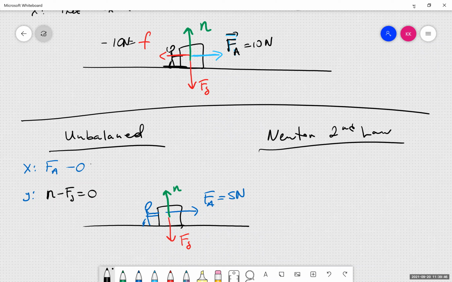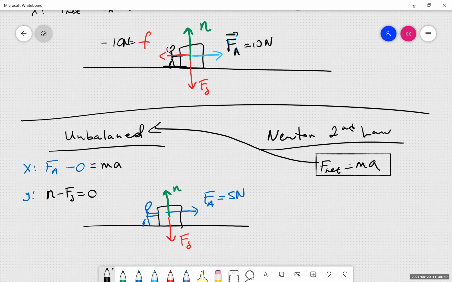Then what is this equal to? According to the second law, F net equals mass times acceleration if you have unbalanced forces. Acceleration, remember, is an object's change in motion. What we're saying is that the object changes its motion because there is a non-zero, unbalanced force in a certain direction.